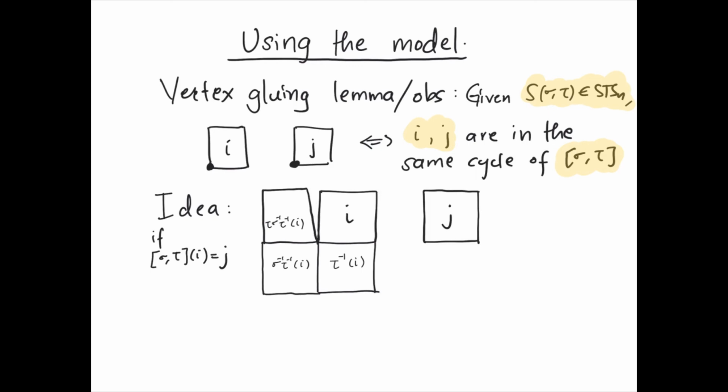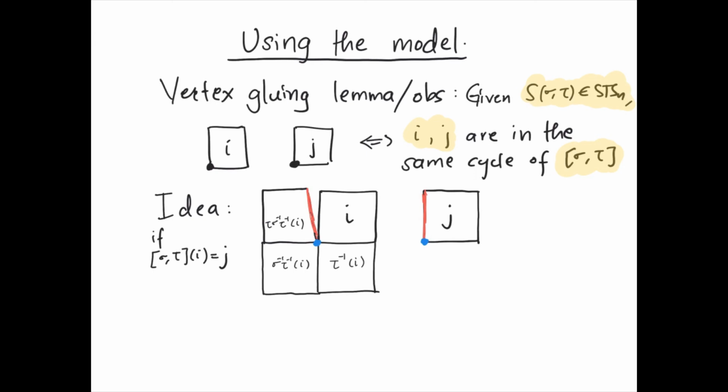And since I've assumed that j is the commutator times i, we will now have this red edge over here glued to the left of j, which really means that this corner here is glued to this corner, and so i and j have their bottom left corners identified.